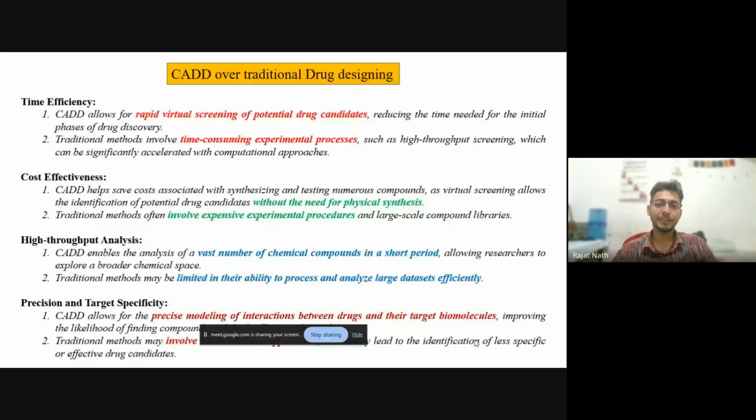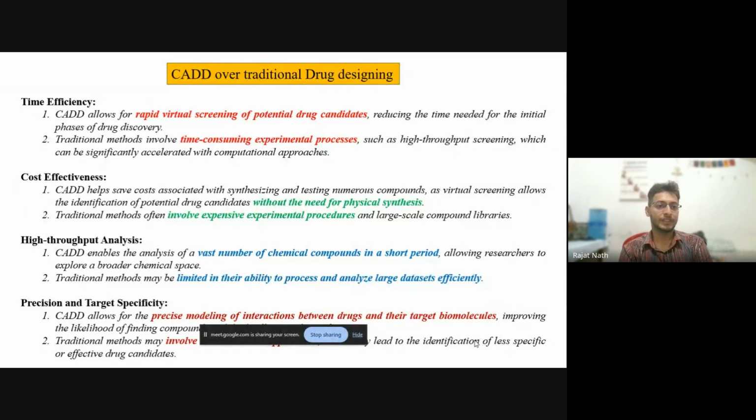So the cost and the time are both lost. In computer drug design, we can predict whether a compound works for a particular disease or not in a very short period of time. The first point I mentioned here is time efficiency.